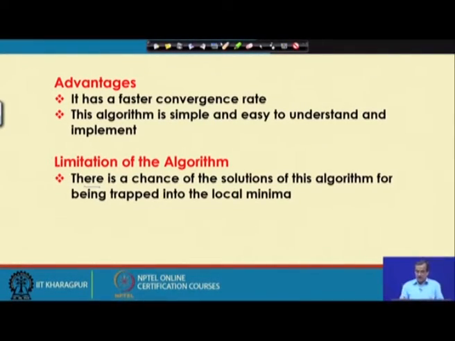Supposing that I have a function y of only one variable. If I plot it, supposing that this is y, this is x, and I get a plot. Now, this is a very hypothetical plot.